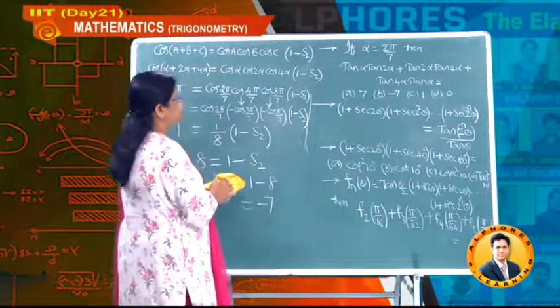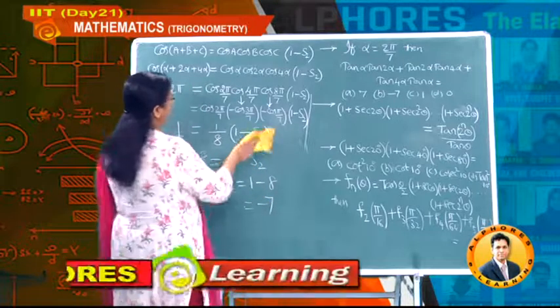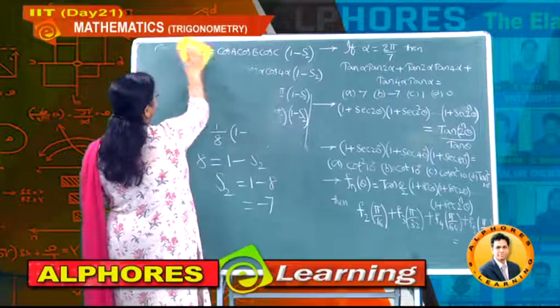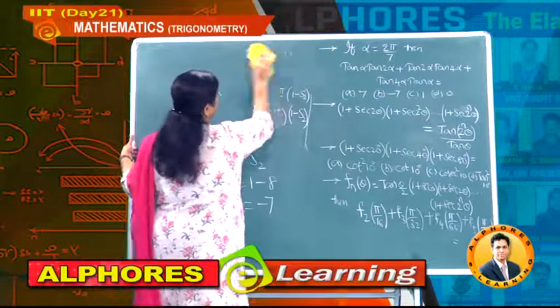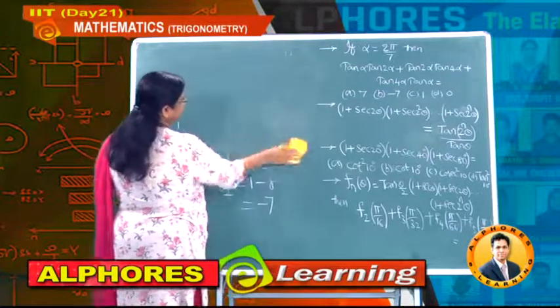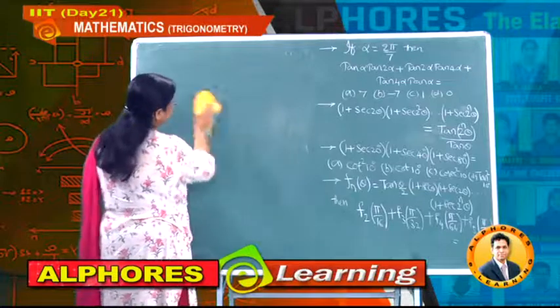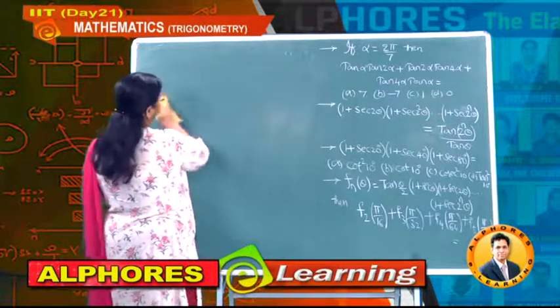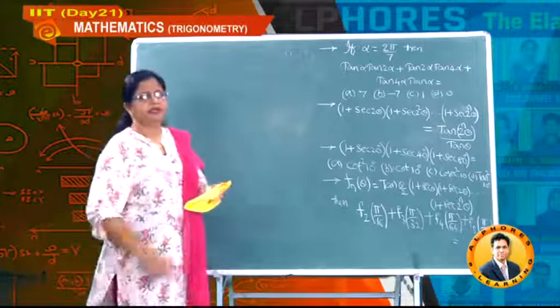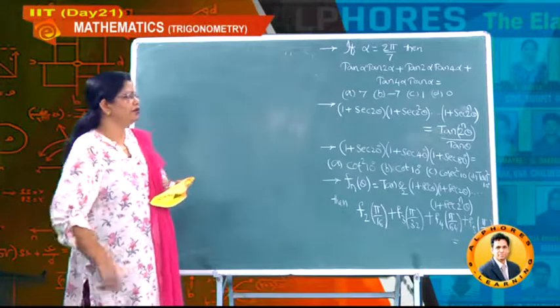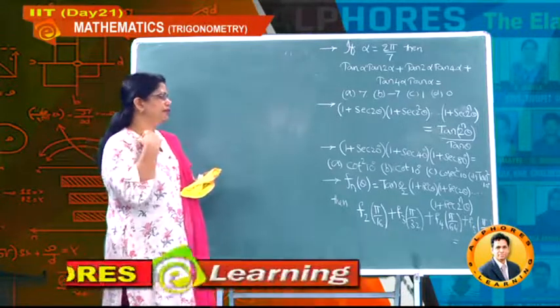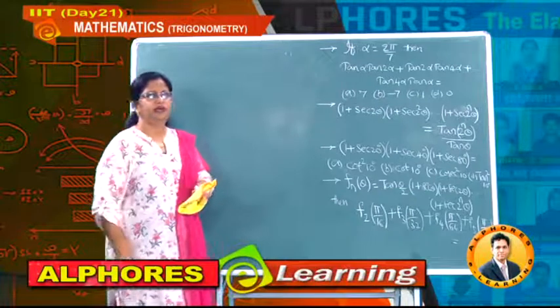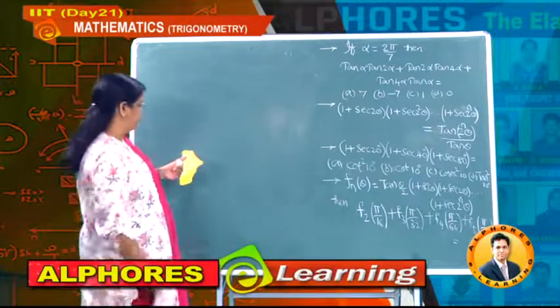Now here, students, you observe the total problem, let us convert it in terms of cos, otherwise you don't know any formula in secant, cosecant, etc. Therefore let us convert the problem in terms of cos. Secant is 1 divided by cos, and therefore here I am writing secant 2 theta as 1 divided by cos 2 theta.